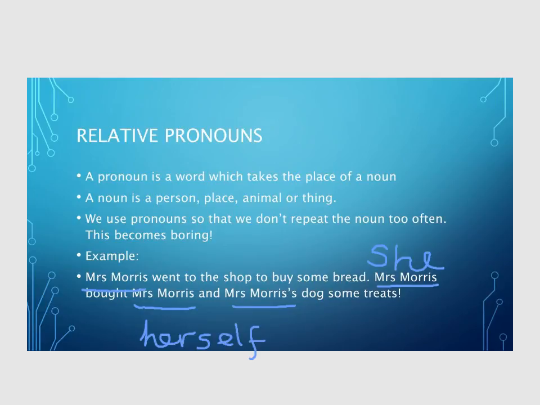And Mrs. Morris's dog some treats. What would we change that for? She bought herself and her dog some treats. So that's thinking about use of pronouns in general and why we use them in sentences.